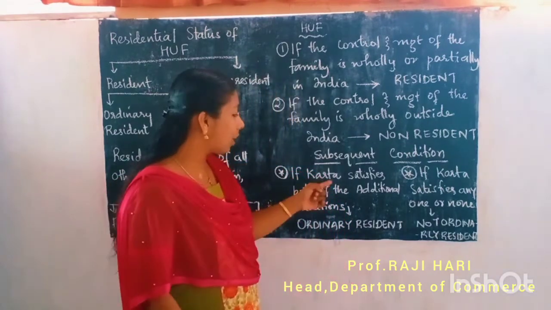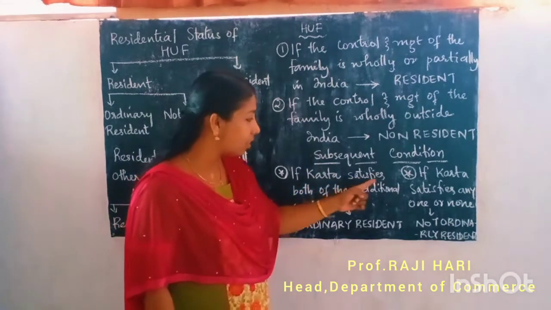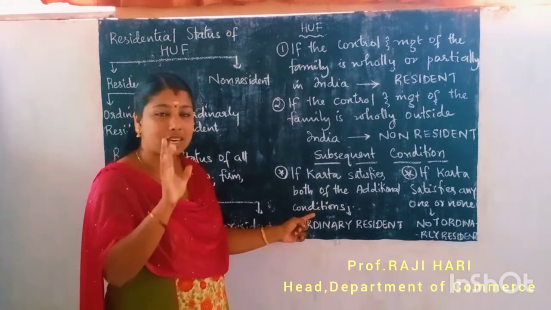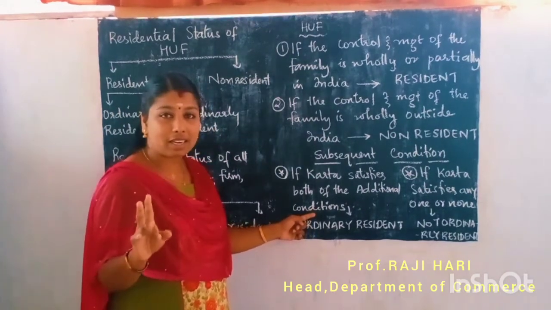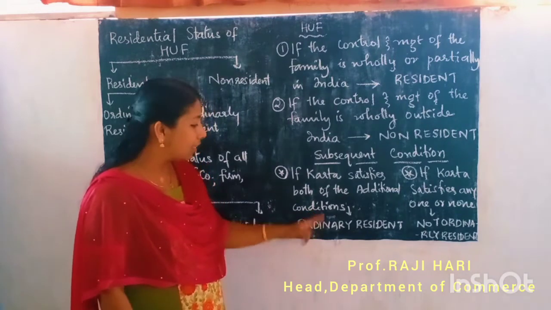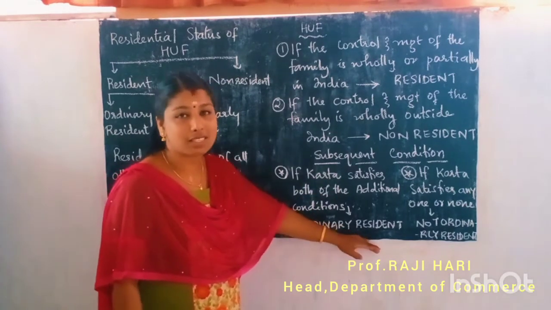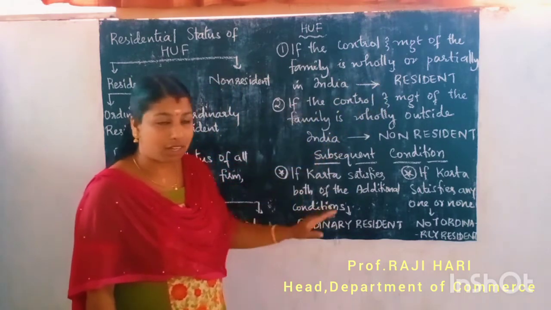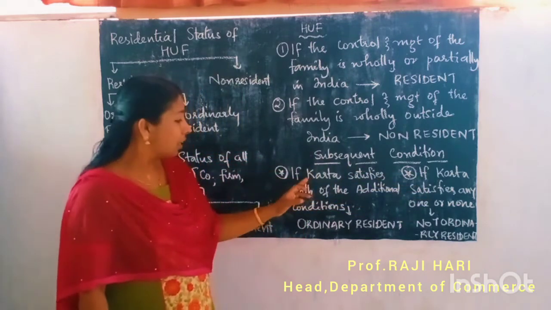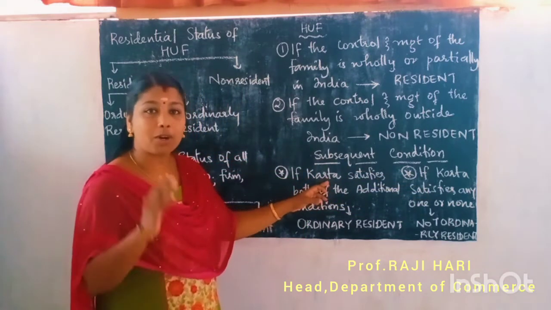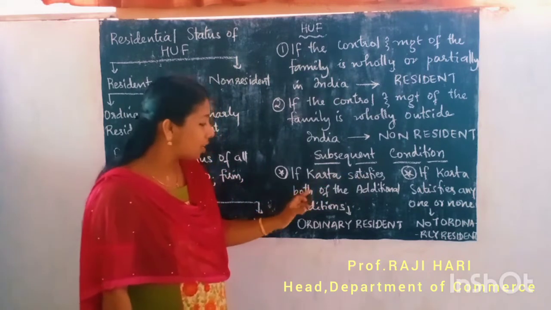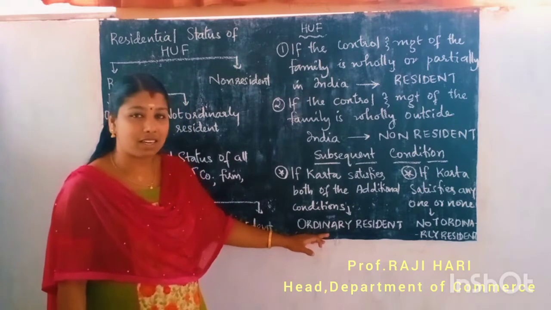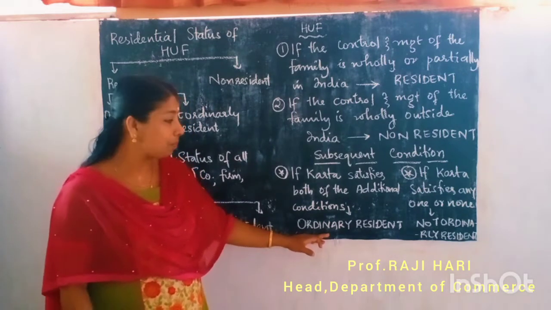So if the Karta of the family satisfies both of the additional conditions which are applicable to an individual, that family is ordinary resident. What are the additional conditions?